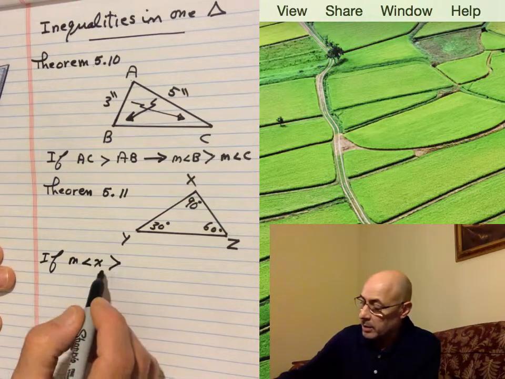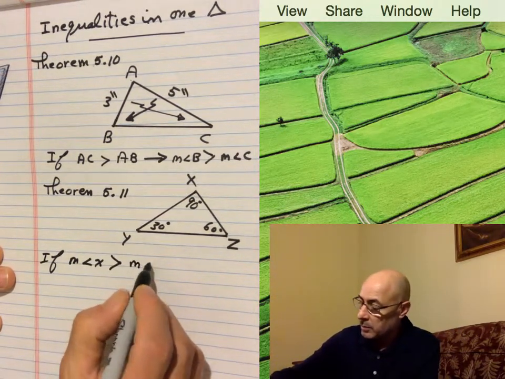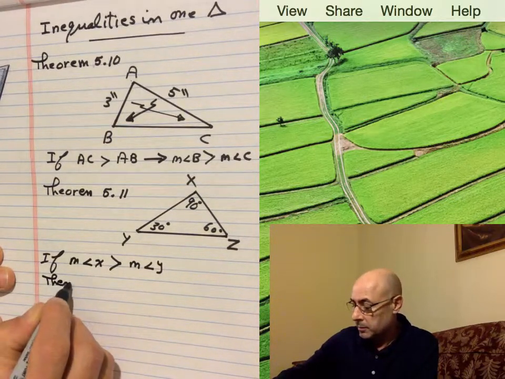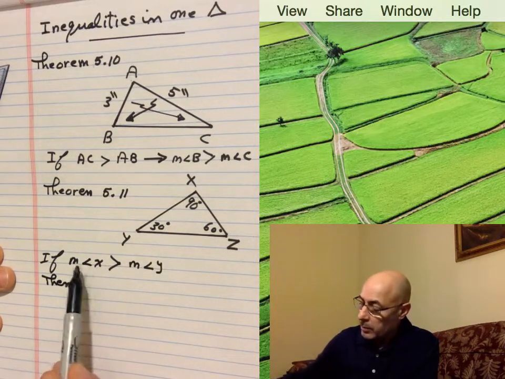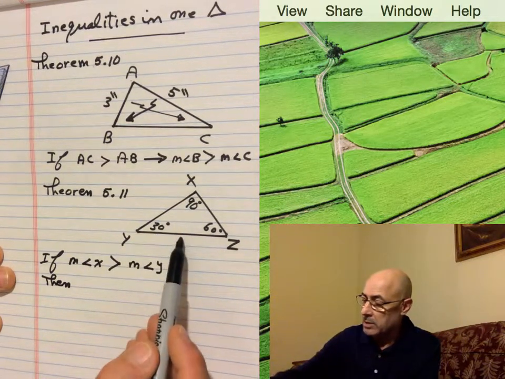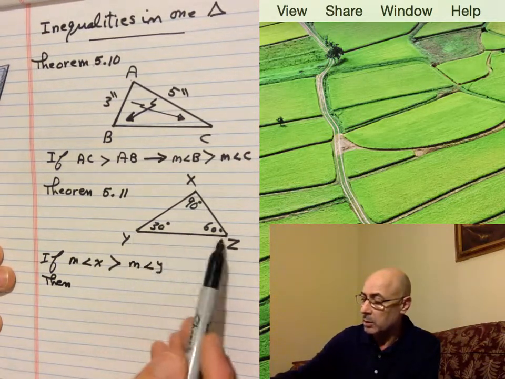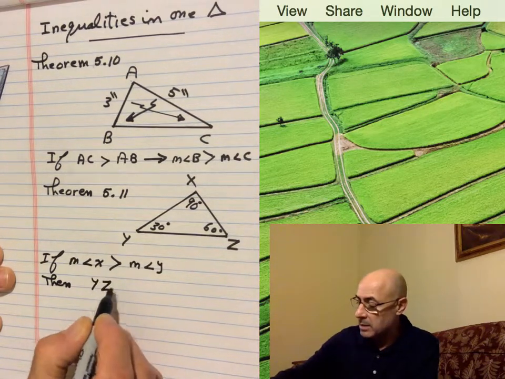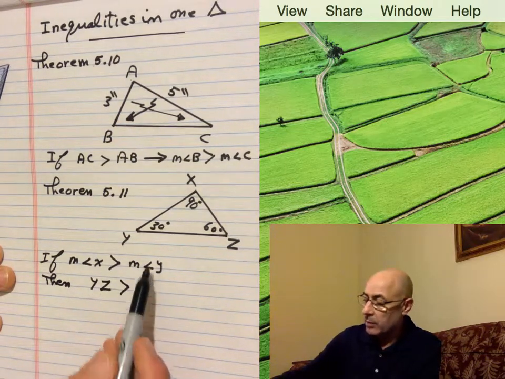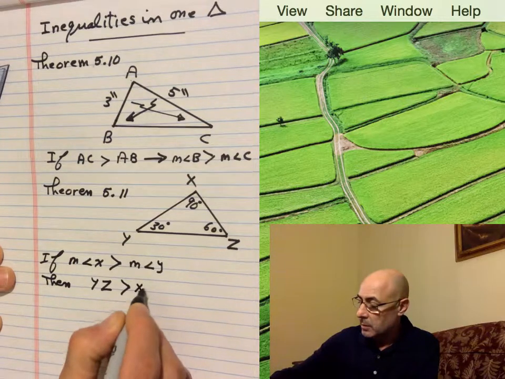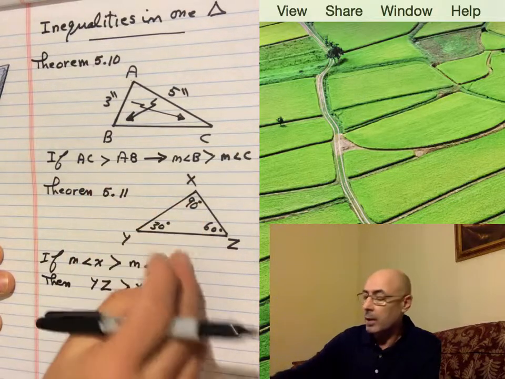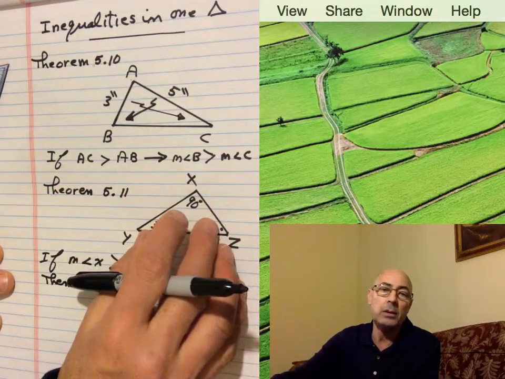So if this quantity is greater than measure angle Y, then the side across from angle X, which we call YZ, the length of YZ is going to be greater, or this side is going to be longer than the side across from angle Y, XZ. You can apply this to any two angles of the three angles of the triangle.